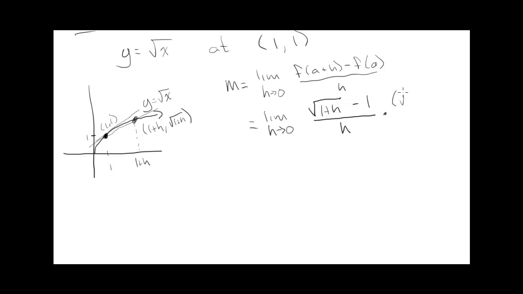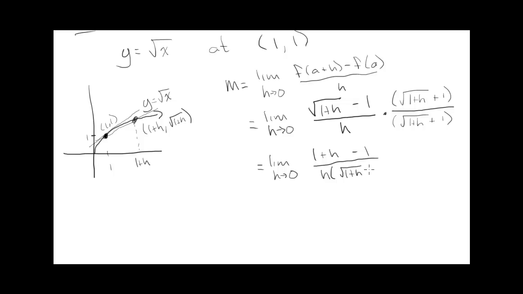So how do we evaluate this limit? Well, if you remember from evaluating limits, one of the strategies when you have a square root is to multiply by the conjugate for the top and the bottom. So the conjugate of root 1 plus h minus 1 would be this. So multiplying that, 1 plus h, and the middle terms cancel, minus 1 all over h. And now notice I won't expand this.